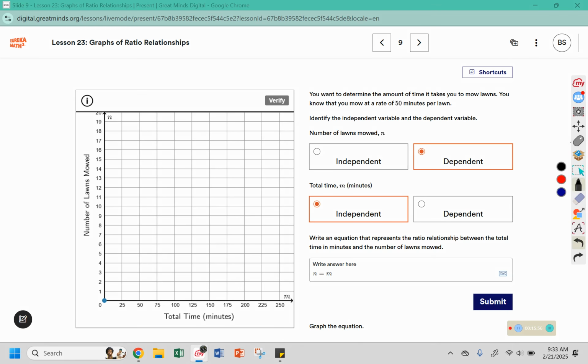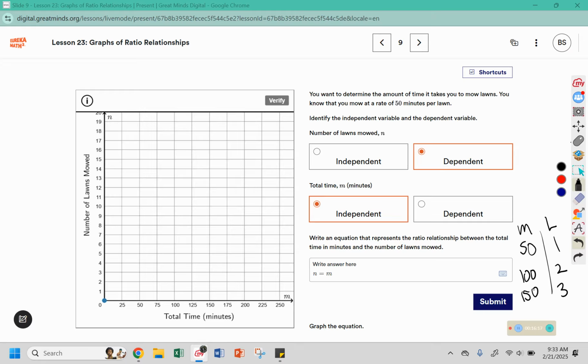So let's think about it like this. If I were given the minutes, let's say it was 50 minutes, I would mow one lawn. If I had 100 minutes, I could mow 2 lawns. If I had 150 minutes, I could mow 3 lawns.